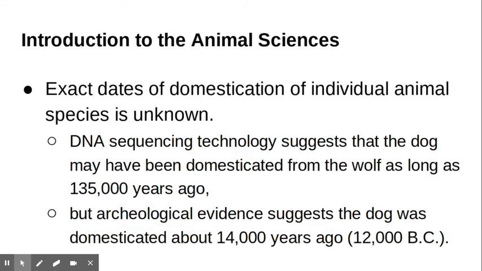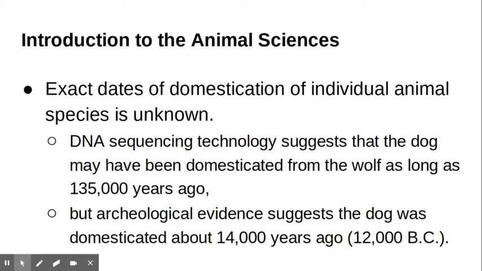Now, animals were not always domesticated. And so when we talk about animal science, we're going to talk about mainly domesticated animals. The exact dates of animal domestication are not really known. There are lots of different ways to estimate domestication.